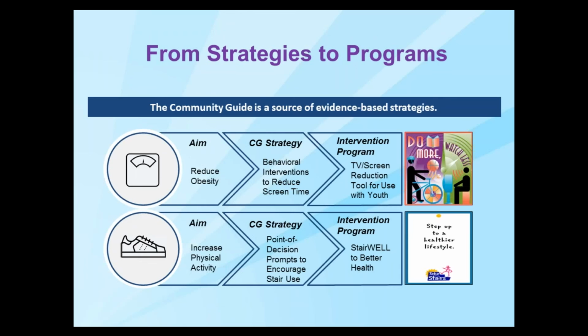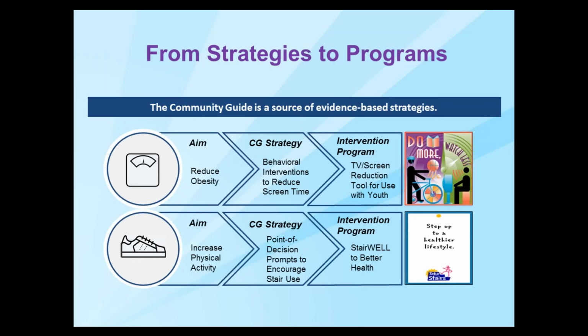Next slide, please. The last thing I want to highlight, and then I'm just going to quickly go through the web for you, is that what the community guide does is not identify effective programs. Does a particular program that looks exactly like this work? And that is because a program developed for one setting may or may not translate to another setting. What the community guide does is say, what do strategies that a number of programs may be examples of, do they work?